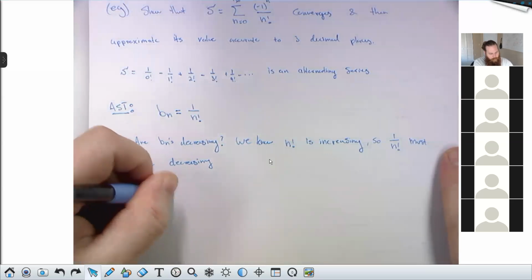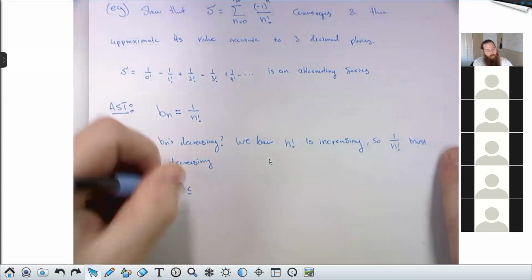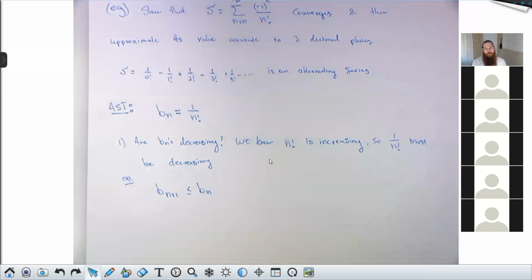Almost. We want to show that bn plus 1 is less than or equal to bn. Oh, sorry. Yeah, right idea. I'm sure if you wrote it down, you'd write it correctly. We want to show that the next term is always smaller than the previous term, right? So as the subscript gets larger, the overall output gets smaller.